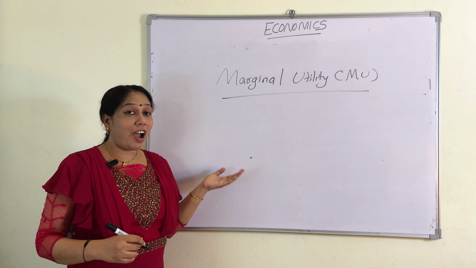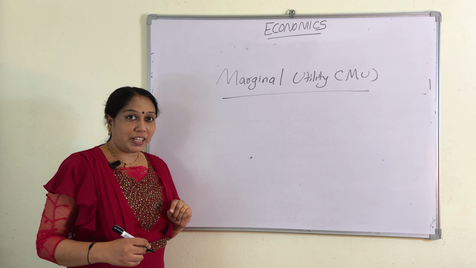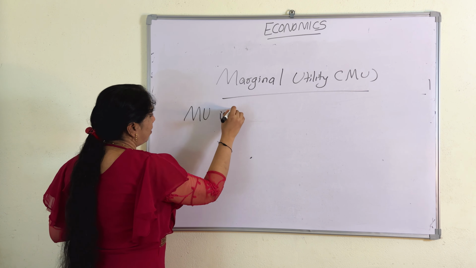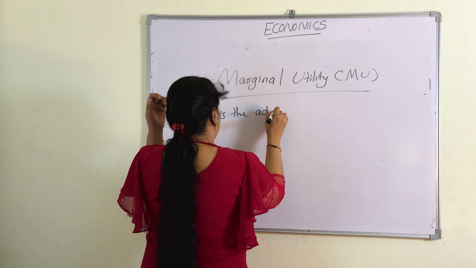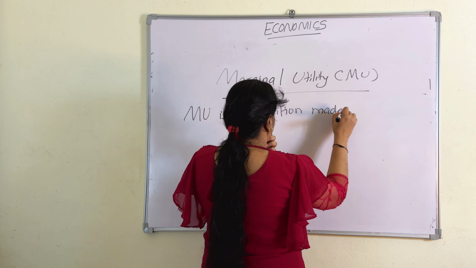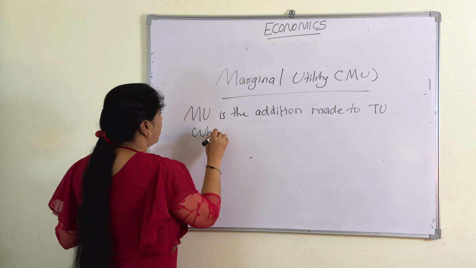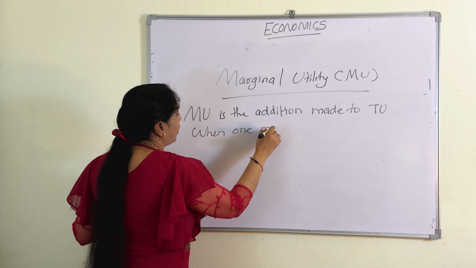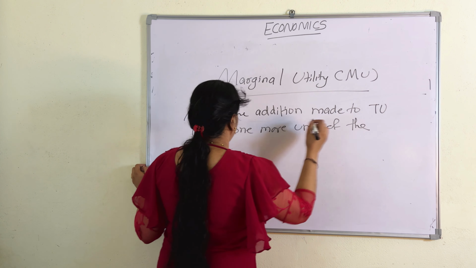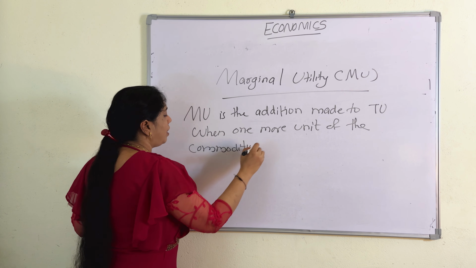Marginal utility is the addition made to total utility when one more unit of the commodity is consumed.